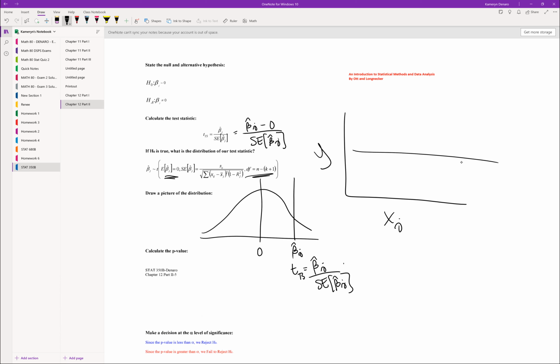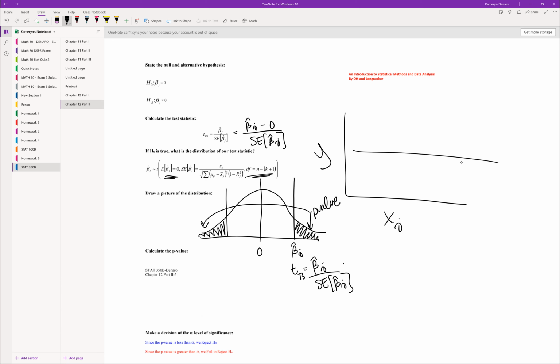Okay, and then this area above the observed value, that's called our p-value right there. Okay, if we're doing a two-sided test, then whatever our test statistic is, we also have to think about being that far away on the negative side, and both of those taken together would be your p-value for a two-sided test.